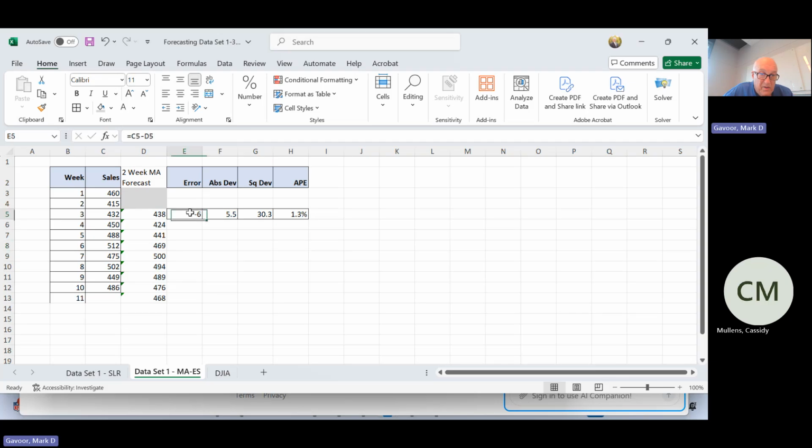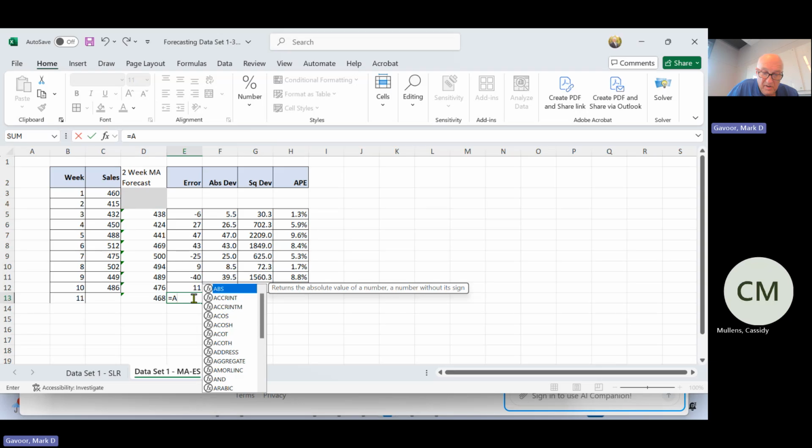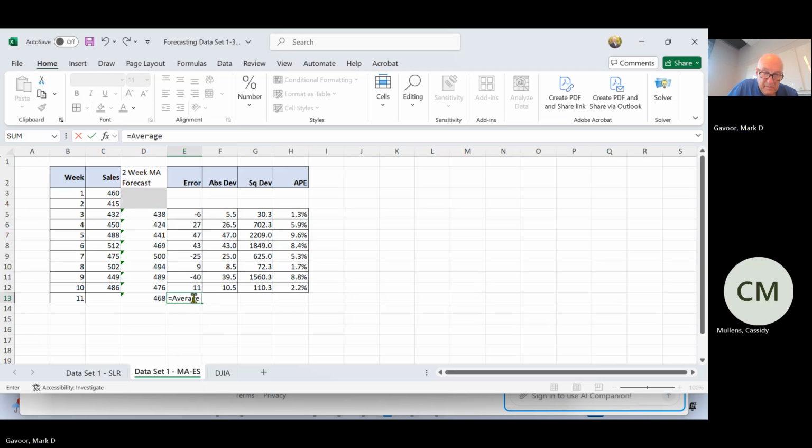So now what do I want to do? I want to copy these all the way down to here. Then I want to take the average of all those things, don't I? Equals average of all that stuff.